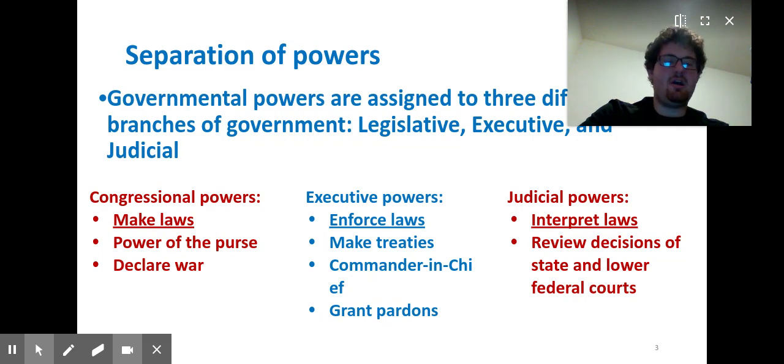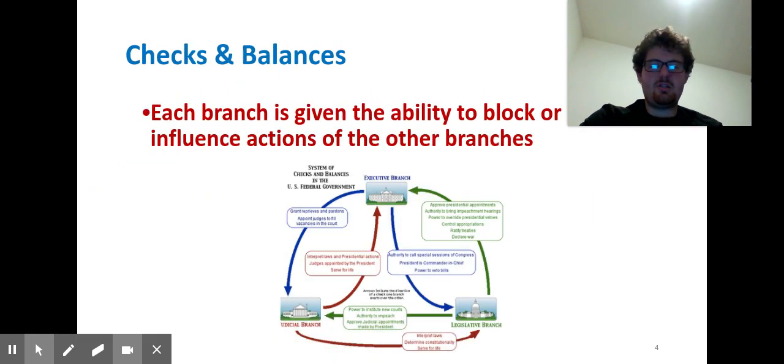It is the sleeping giant of our government, and we'll take a deeper look at that definitely in the coming units. So as I just talked about, we have what's called a system of checks and balances where every piece of our government is balanced out by the other two. Essentially, two of the branches will never let the other branch become too powerful, if nothing else out of their own selfish interest of holding on to power. You don't want any other branch becoming more powerful.